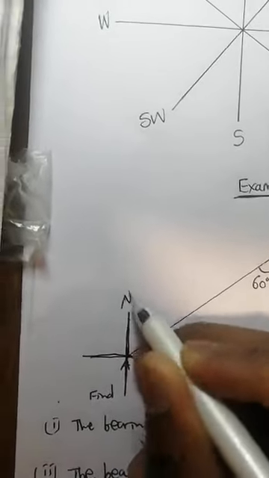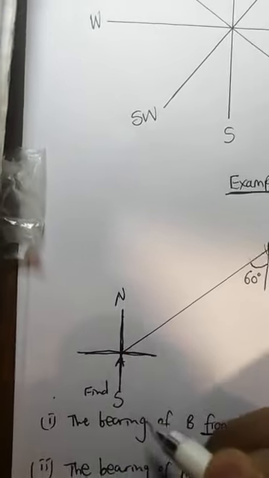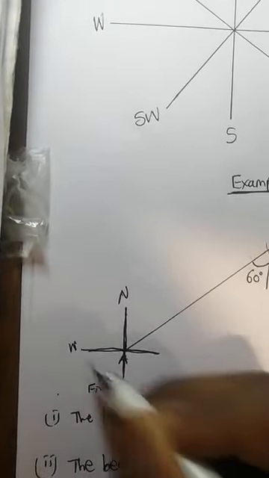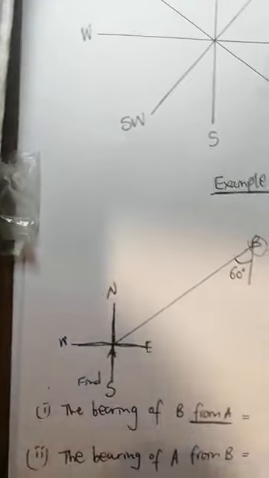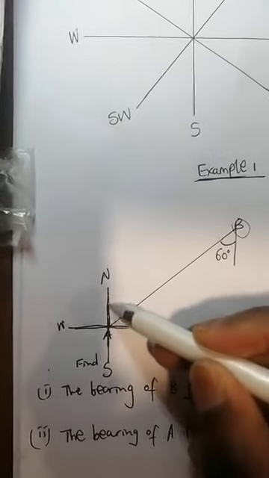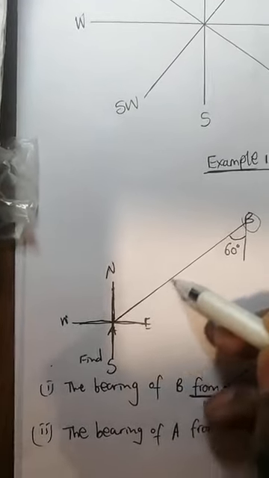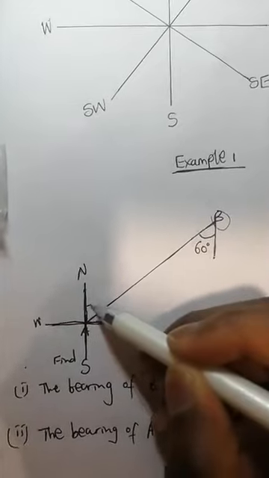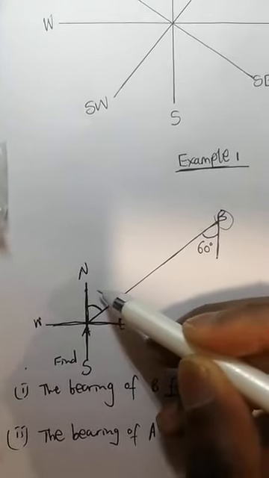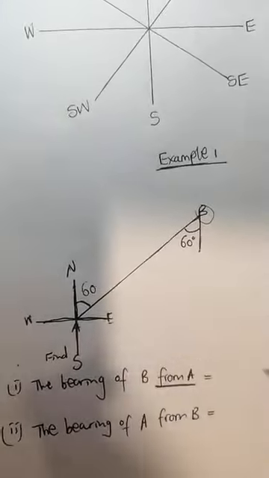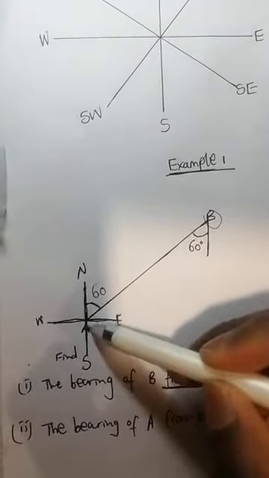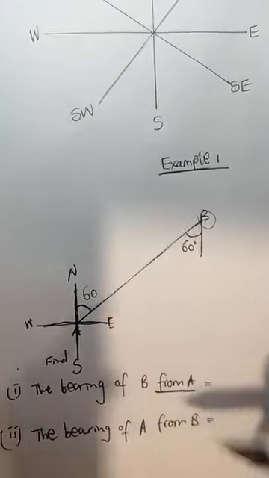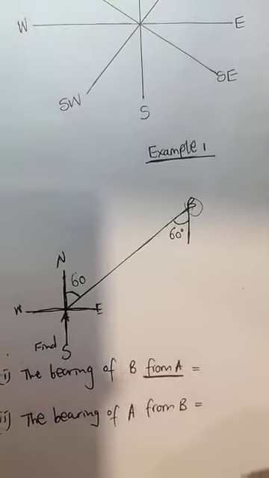This is our compass, this is our north, south, west and east. But we know this angle forms a Z angle with this angle. So this angle is also equal to 60. You know Z angles are equal. This is a Z angle that is here, which is 60 degrees.